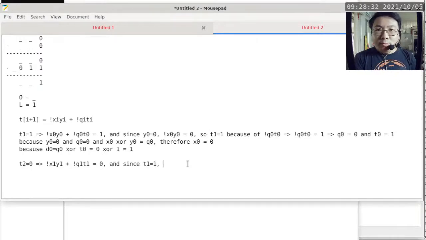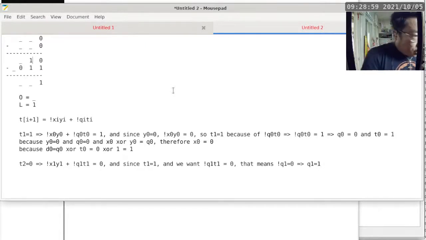So since t1 is a 1, and we want not q1 t1 to be a 0, so that the OR between these two terms is a 0, that means not Q1 has to be a 0, which then implies Q1 is a 1. Okay, so we now stash a 1 over here. All right, so we got a few text messages going on.